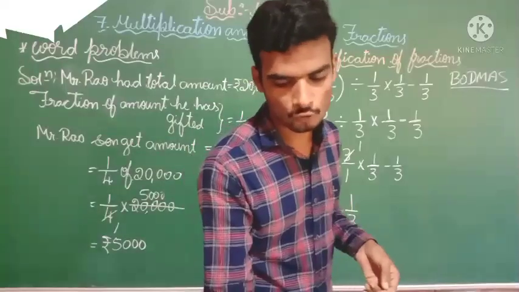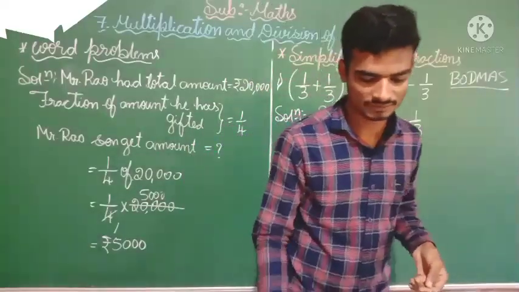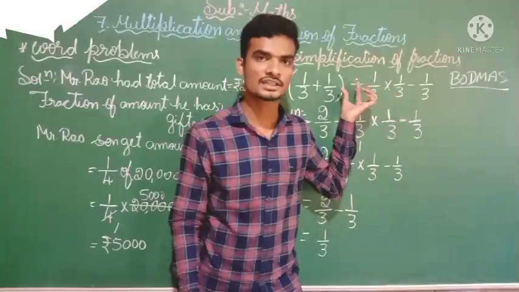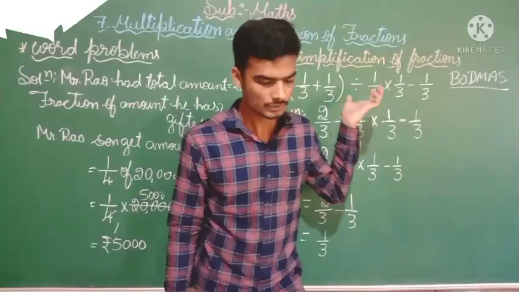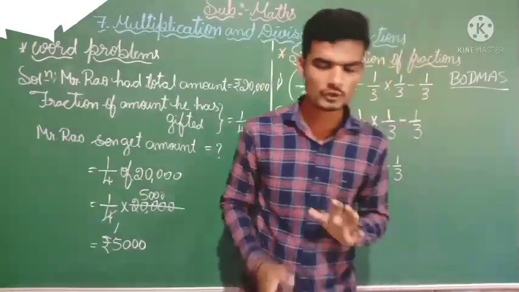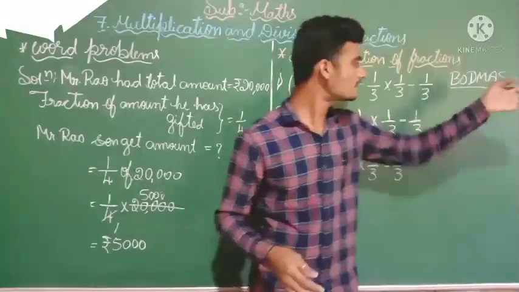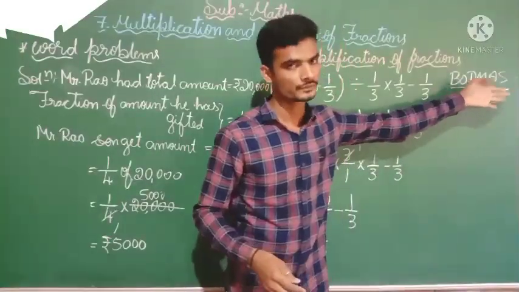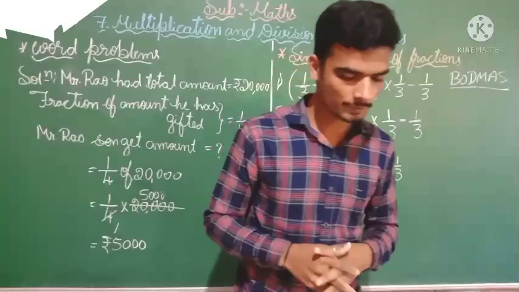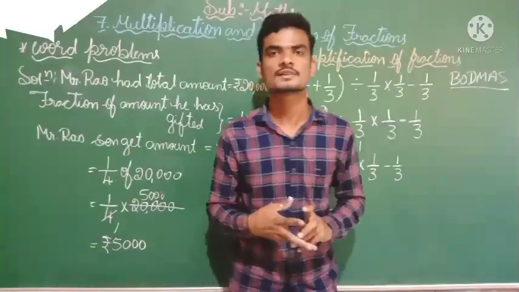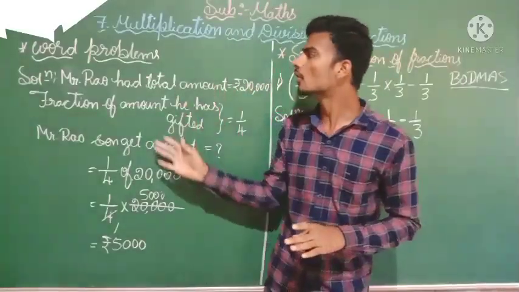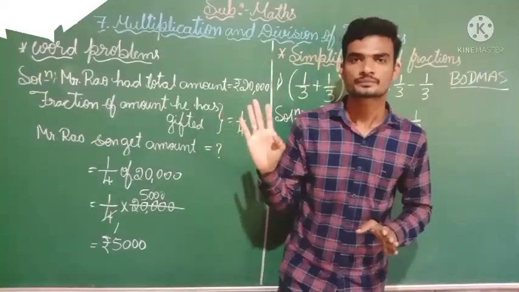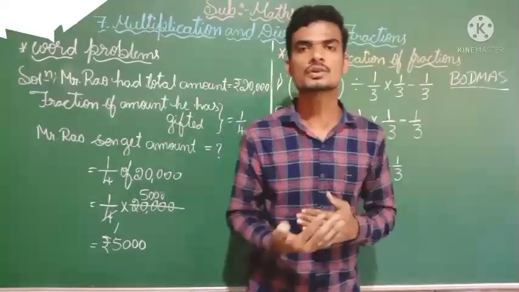Here they have given 4 problems in your exercise 7.3. I have shown you the third problem, so the remaining 3 problems you have to solve on your own, using the BODMAS rule. Dear students, I hope everyone is clear with this chapter. I have solved all types of problems, and I will send you notes also.